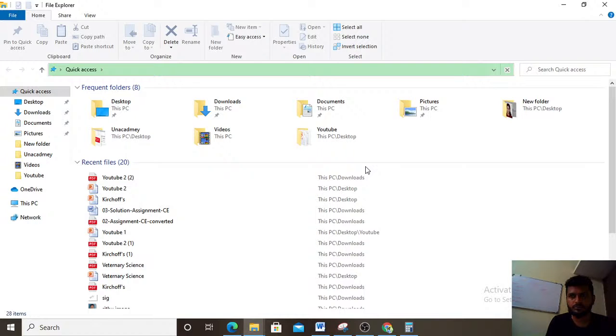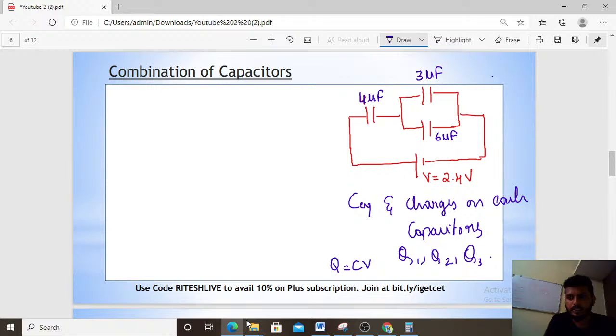You need to keep it in your mind. Okay, done. So how can I find C equivalent here? C equivalent when they are in parallel is direct addition, 6 plus 3, that is 9 microfarad.